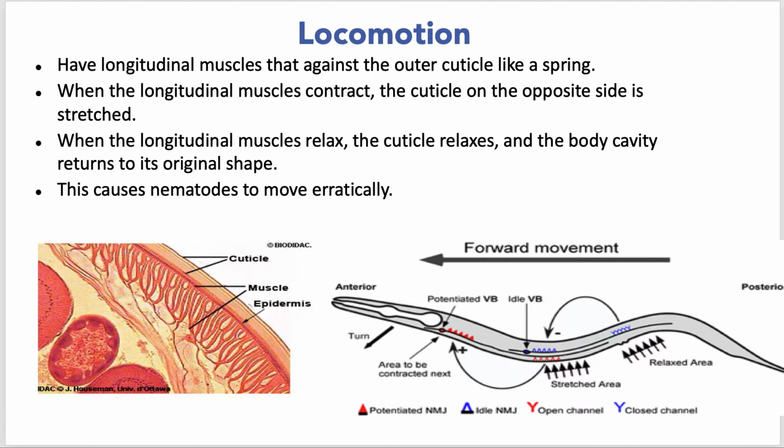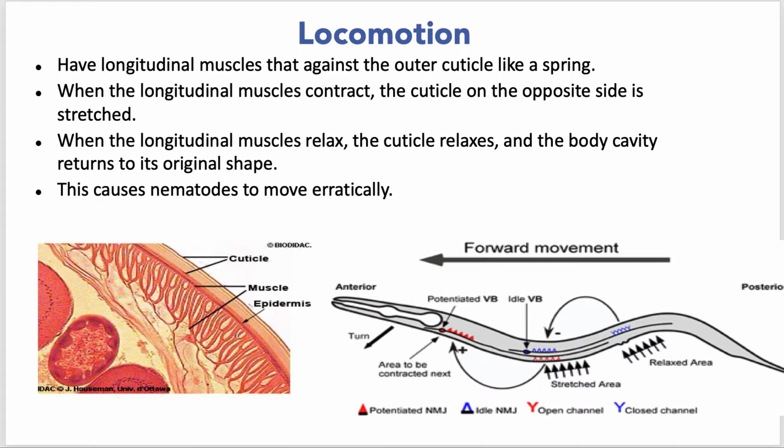All right. So they have longitudinal muscles that work against the outer cuticle like a spring. When the longitudinal muscle contracts, the cuticle on the opposite side is stretched out. When the muscle relaxes, the cuticle relaxes, and the body cavity returns to its original shape.